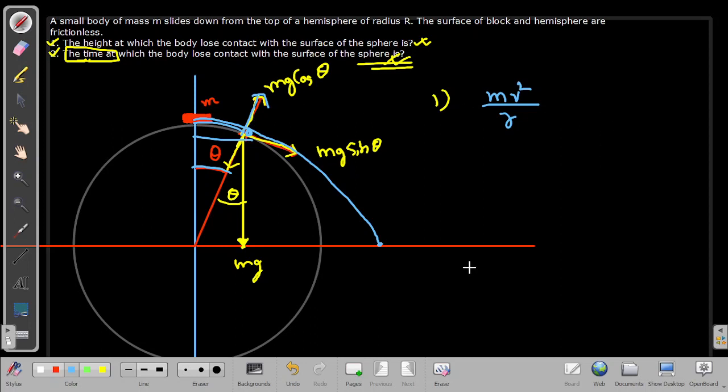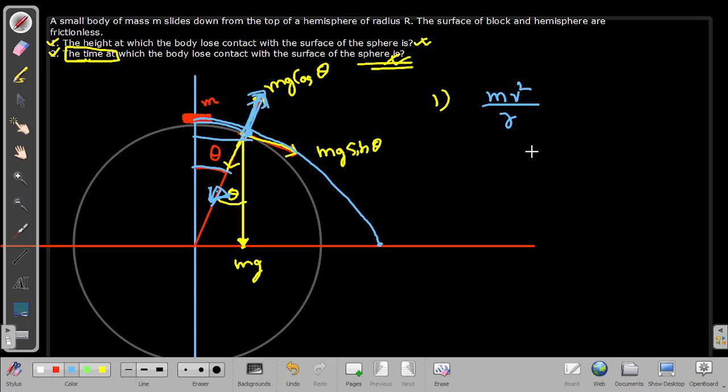Now we have mg cos theta. The pseudo force will always work outside the plane, normal to the plane. It should be in the direction along this, but no, it will simply go towards this.